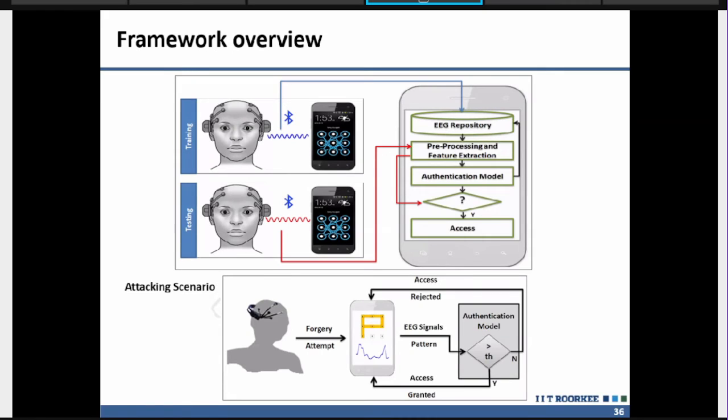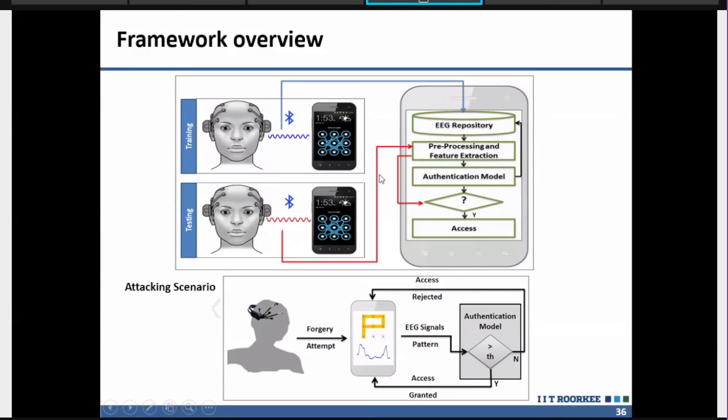So what we are doing is similar to your biometric. We have some EEG data, and for example, if I want to do authentication, I will give my fingerprint or face data several times first, so that the computer will prepare a proper model of that person.